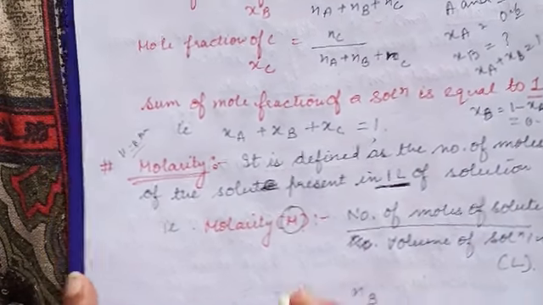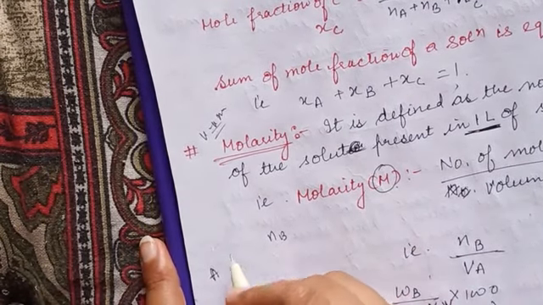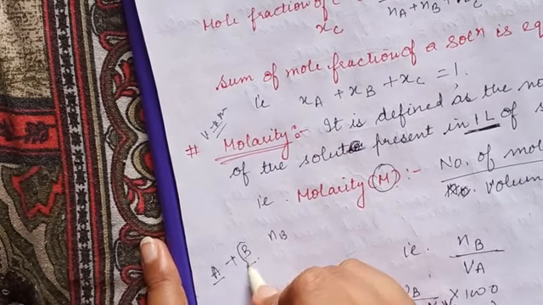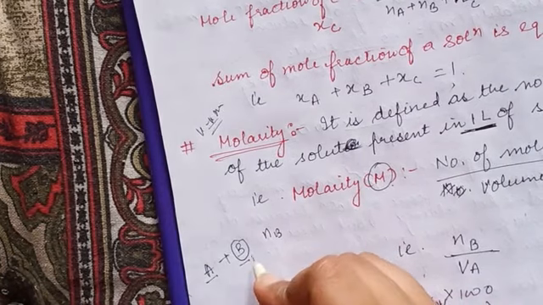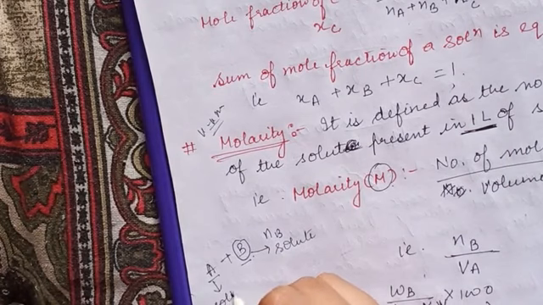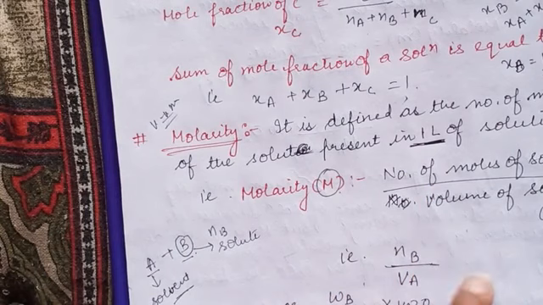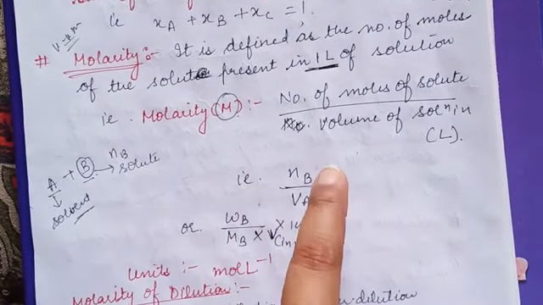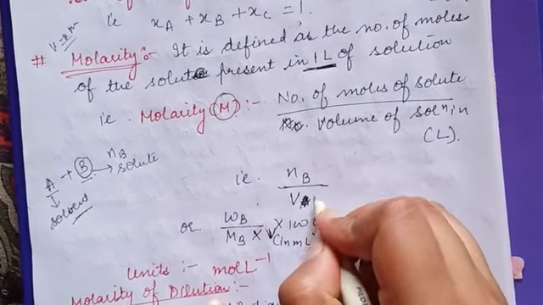As you know, a solution is made up of 2 components, A and B, one a solvent and one a solute. It's not compulsory, but every time we consider B as a solute and A as a solvent. Now the number of moles of solute divided by volume of solution in liters, that is NB over V, where V is simple volume in liter.